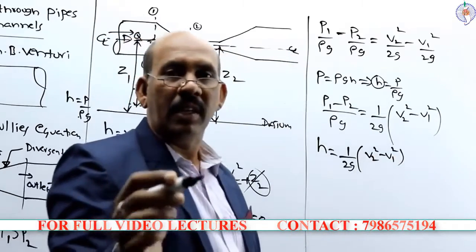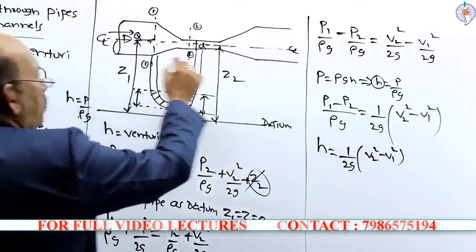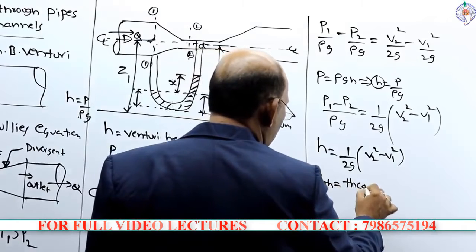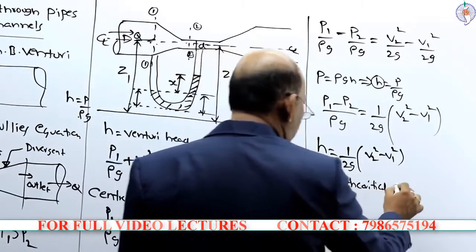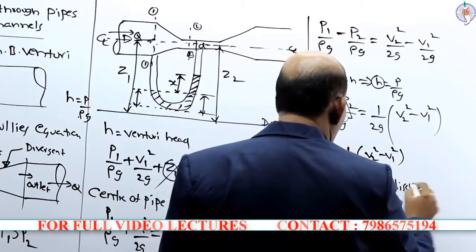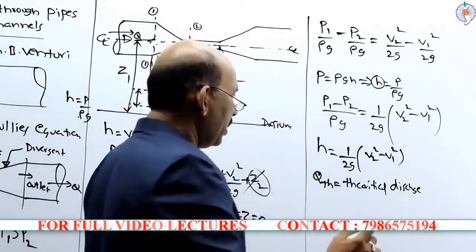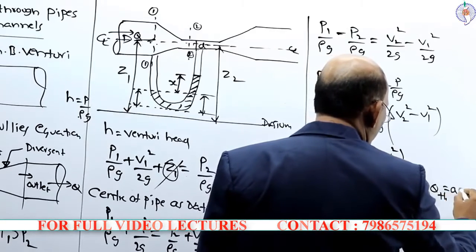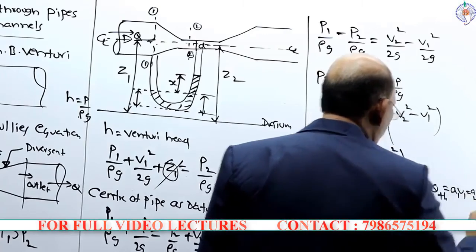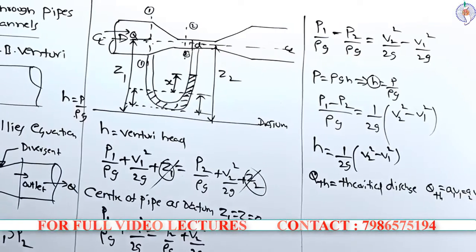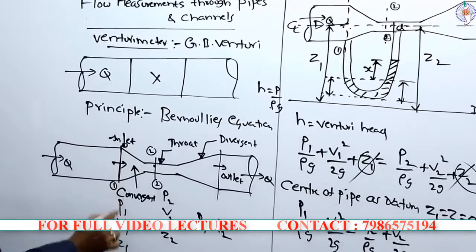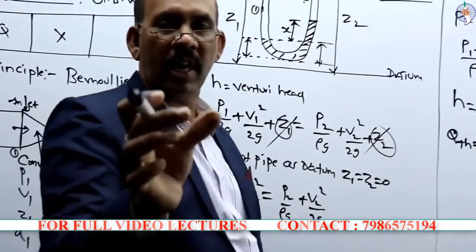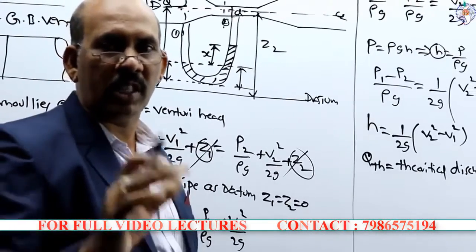And as I mentioned, the Q, the discharge flowing through this pipe, let Q theoretical be the theoretical discharge, which according to the continuity equation is A1 V1 equal to A2 V2. That means A1 is the area at section 1, A2 is the area at section 2, and V1, V2 are the velocities at 1 and 2.